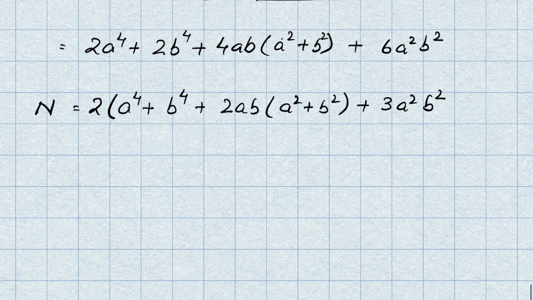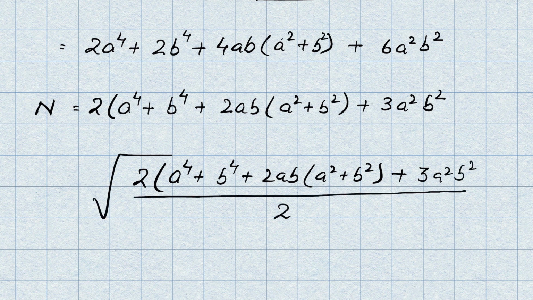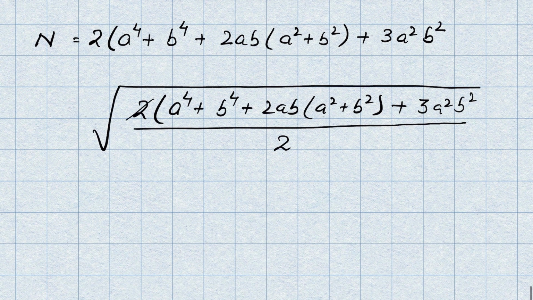Now let's put this in the question. So 2 times A to the power 4 plus B to the power 4 plus 2AB A square plus B square plus 3A square B square upon 2 under square root. Now we can cancel this 2 and this 2.